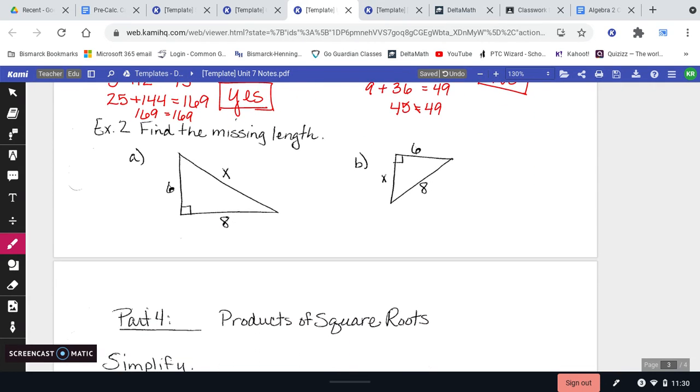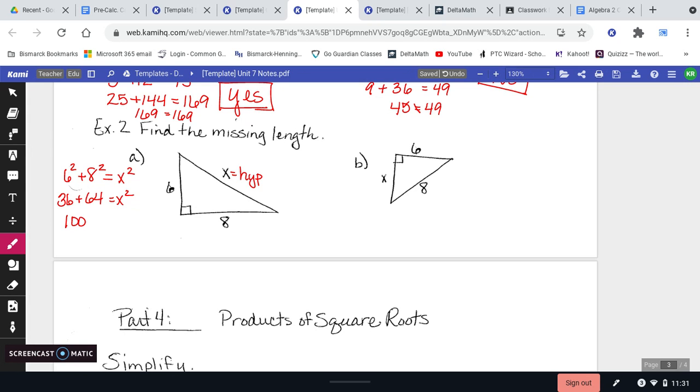In this example, find the missing length. Again, you want to pay attention to which side is my hypotenuse, and make sure I get that in the right place. This one, we are finding the value of x, which is the hypotenuse. The sides that are 6 and 8 are my A and my B, the legs. So 6 squared plus 8 squared would equal x squared. 6 squared is 36, 8 squared is 64, and that would equal x squared.